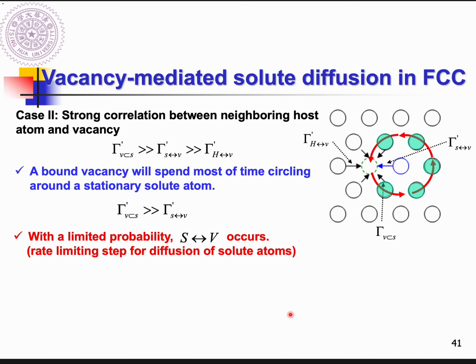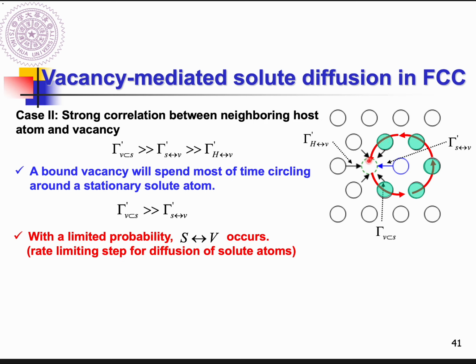Regarding case 2, the difference is the order between gamma prime Vs and gamma prime SV. In case 2, we have a strong correlation between the host atom neighboring the solute jumping into the vacancy. This gamma prime Vs will be much larger than gamma prime SV.